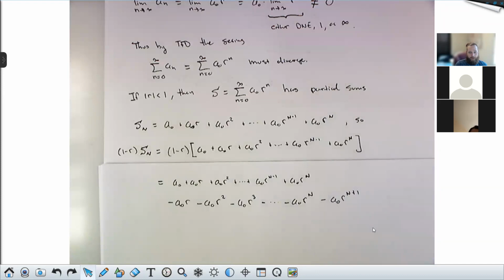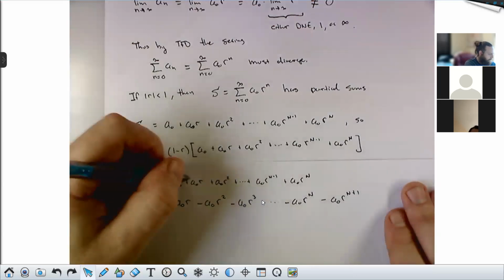And you see what's happening here. This and this will cancel. This and this will cancel. This guy, you don't immediately see the guy who cancels with him, but it's the first term hiding in the dot dot dots here. This guy will cancel with the last term hiding in the dot dot dots here. So you can sort of pair these up.